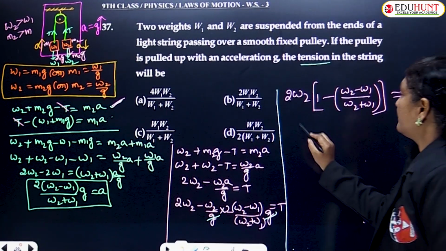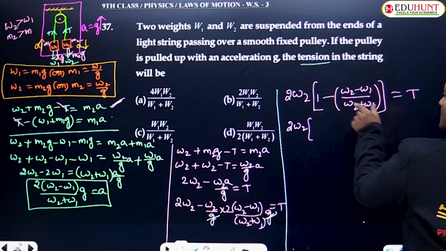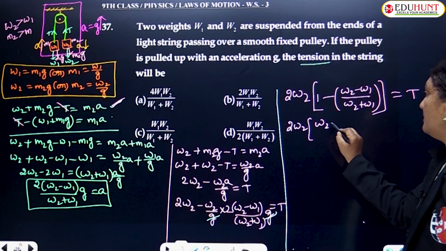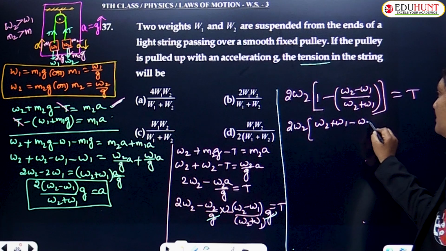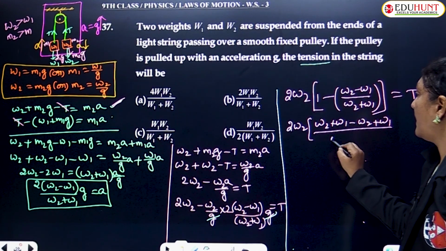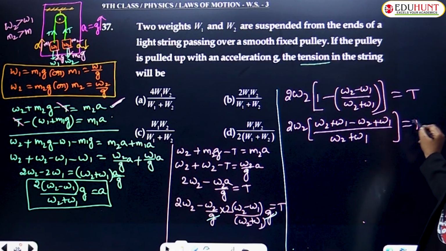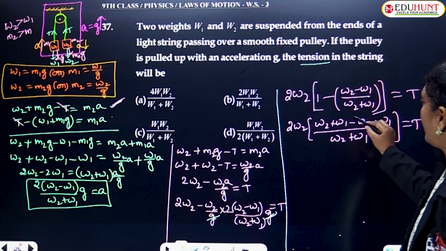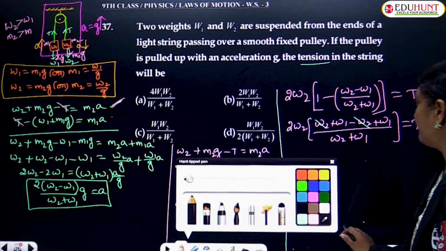Take the LCM, children. Then you have 2W2 into the denominator, 1 will be W2 plus W1, minus W2 taken inside, minus, taken inside, plus W1, by W2 plus W1 is the value of T. That's it, children. So finally we can conclude. Minus W2 and plus W2 get cancelled. So what are you left with?